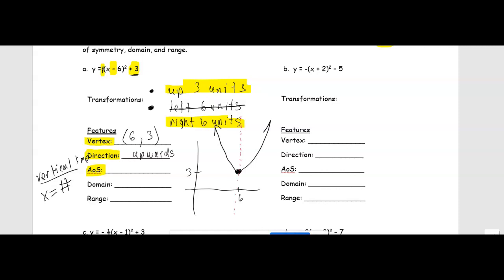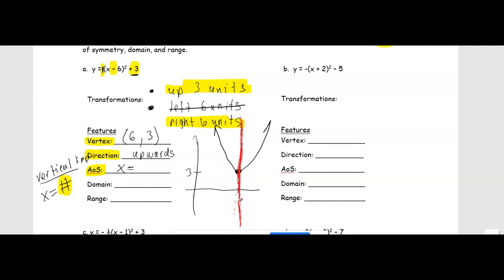So if we're going to write the axis of symmetry, it would have to be the line x equals, and what we need to know is what number does our x have to equal? Well, if you look at this vertical line, here comes our axis of symmetry. What x value does this vertical line pass through? So here it is, right?